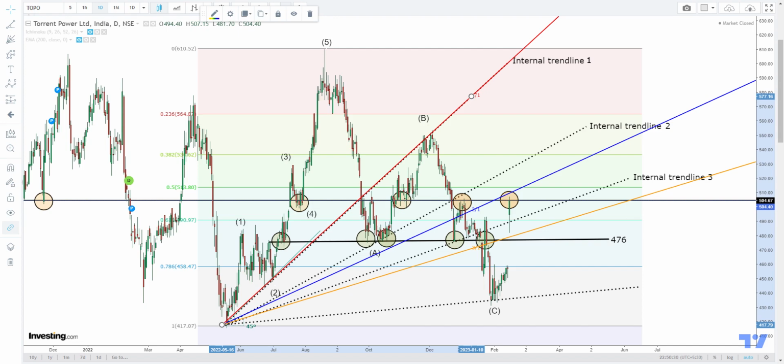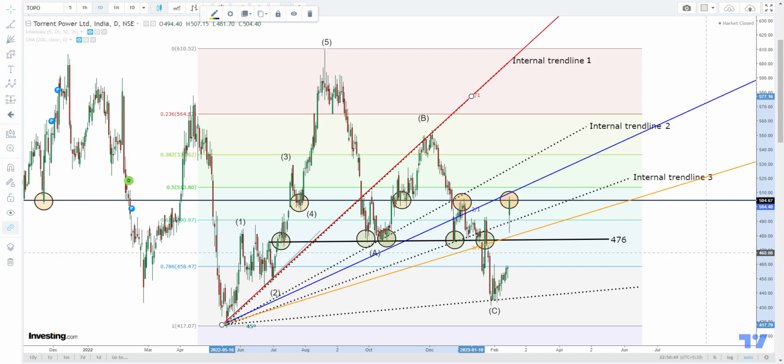Correct. So you can wait for some time. If at all it retraces over here to 476, and then it moves back, this will act as a wave 2. Correct. And this is the start of wave 1. So that is another thing.